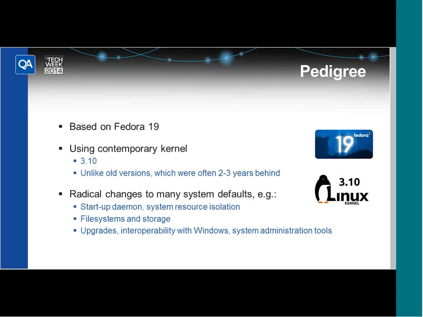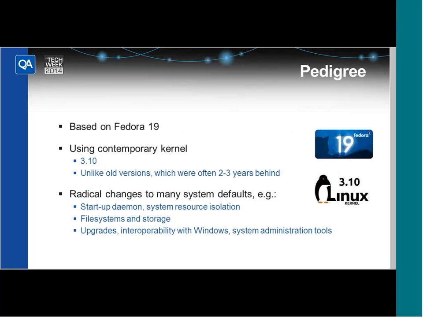Back to more interesting aspects of the discussion. One important difference in this planned release of Red Hat that I noticed is the fact that it's going to be a lot more up-to-date than it used to be.